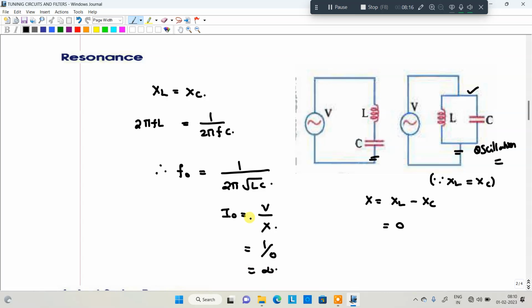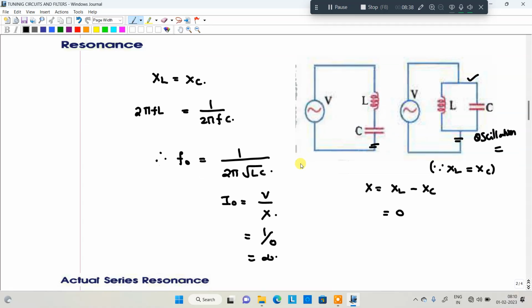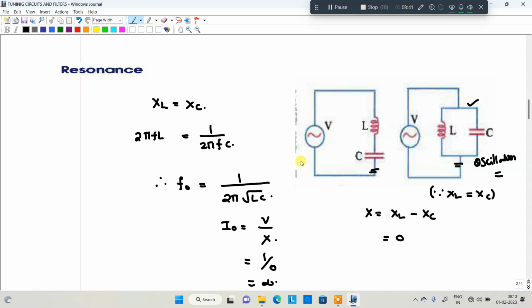That means at resonance, with no internal resistance of the capacitor and inductor, the current offered by the circuit is infinity, meaning a very high current. Theoretically it is possible, but practically some small resistance will be present internally, so the current will be a very high value in that case.